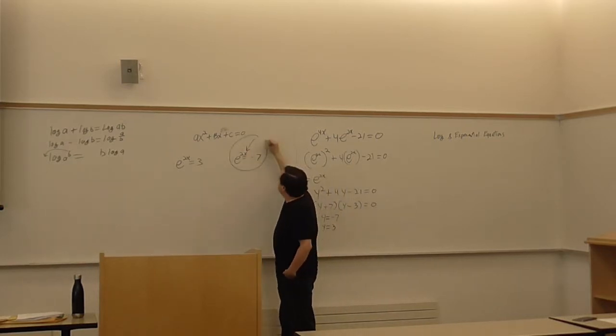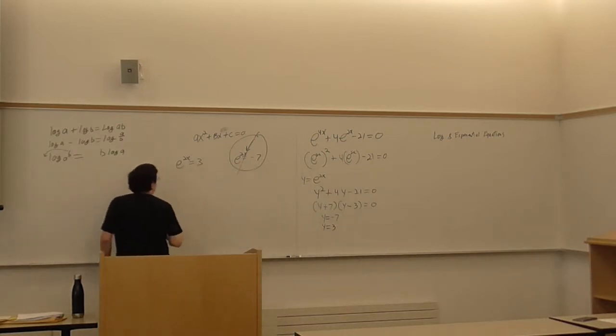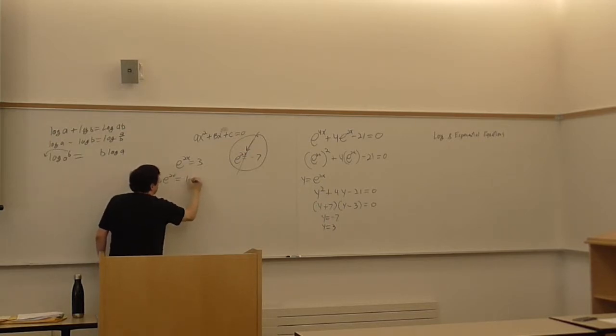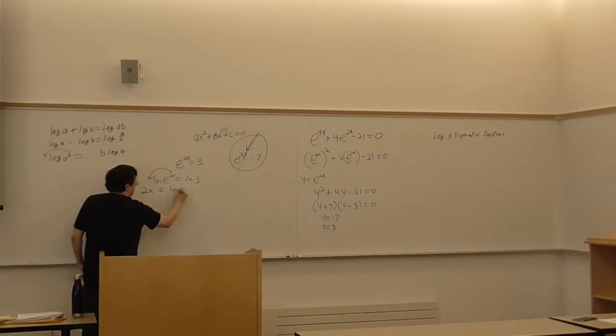So we don't have to even follow this route. But this one's pretty straightforward. We can just find the natural log of both sides, move our exponent over, and log of e is just 1. So this just becomes log of 3 over 2.